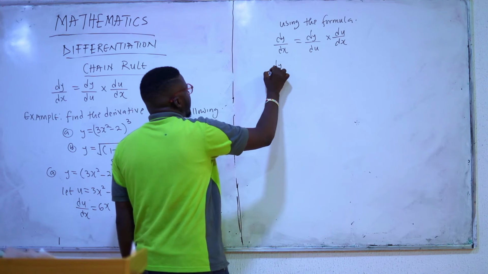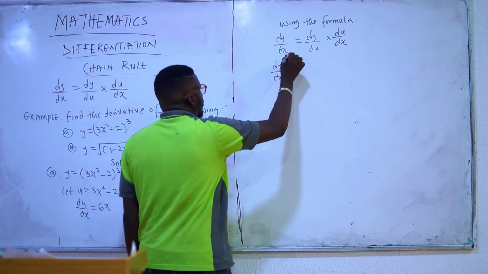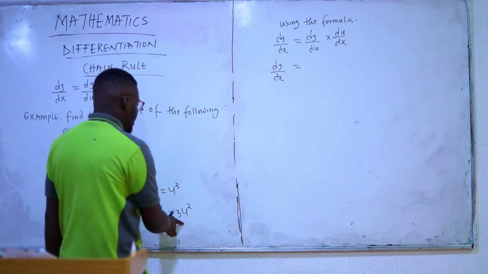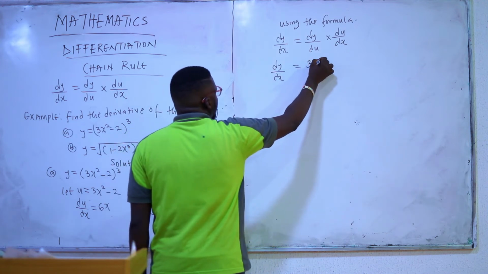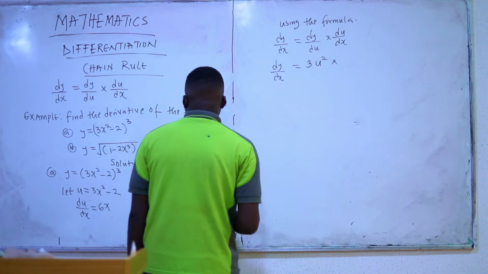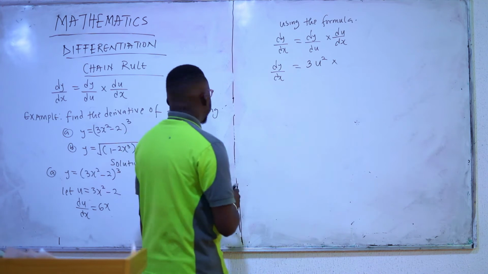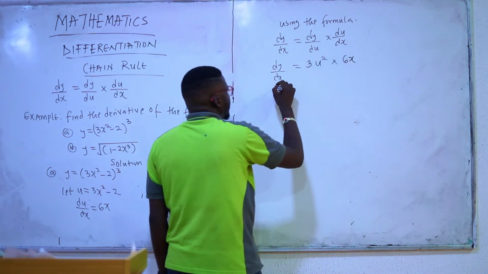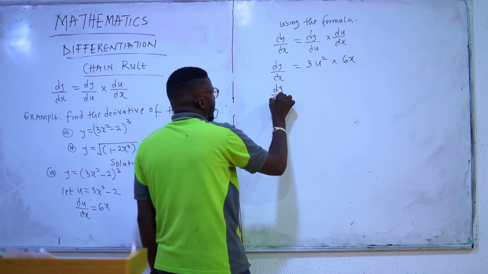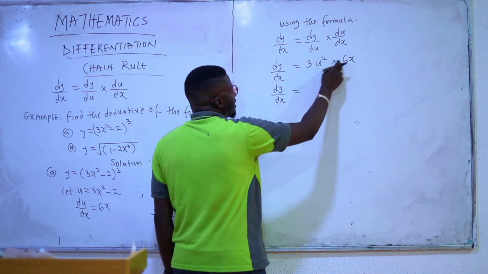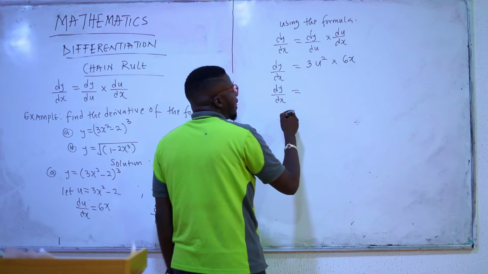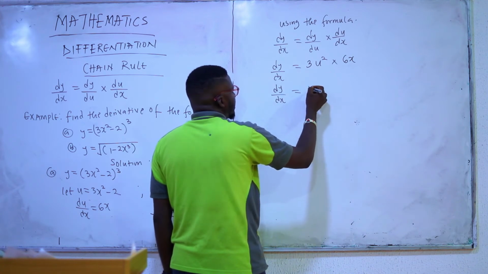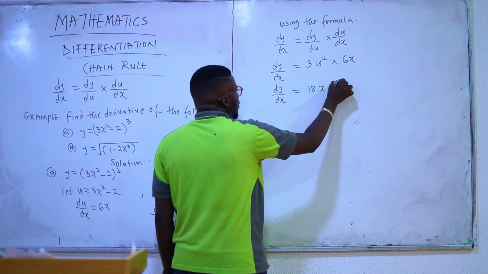So now my dy over du is given as 3u squared, multiplied by my du over dx, which is 6x. So I'm going to have my dy over dx is equal to 6 times 3, which gives me 18, so I'll have 18x u squared.